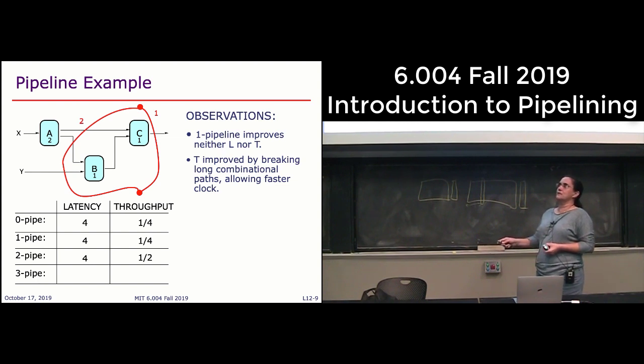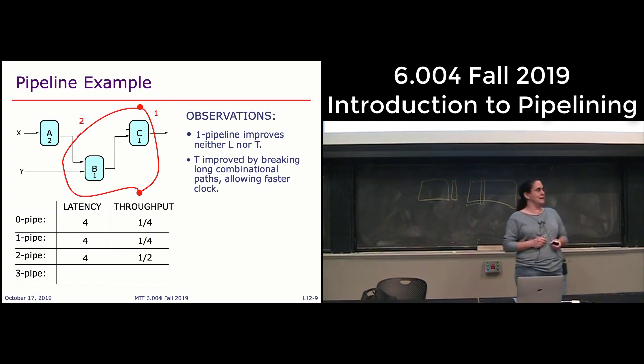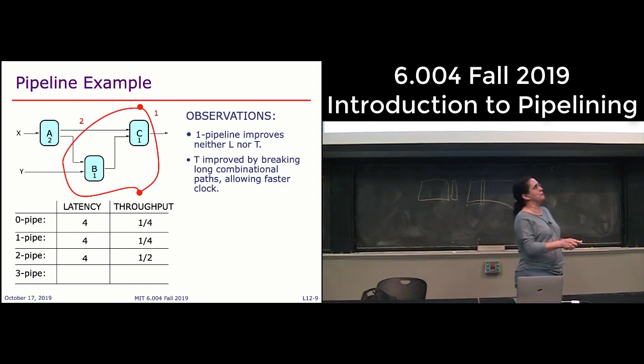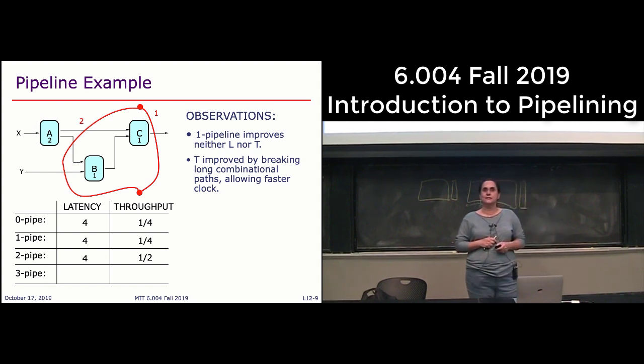So either I have to cover A, which is 2 time units, or I have B in series with C, which is 2 time units, okay? And so this means that my T clock is now going to be 2, but now I have 2 stages, and so my latency is going to be 2 times that T clock, and so I still get a latency of 4. Everyone see that? But my throughput has now improved, because every 2 time units, I'm going to get a new output coming out of this 2-stage pipeline circuit.